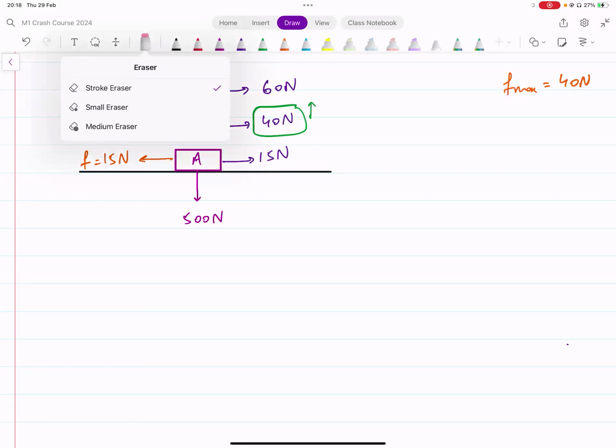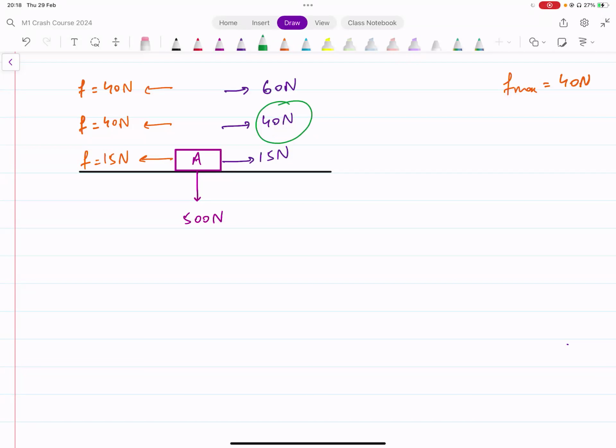So this is kind of an extreme case of equilibrium that has reached its limit. Even if you were to apply slightly more force than this, the object will start moving now. So equilibrium has reached its limit at this point.